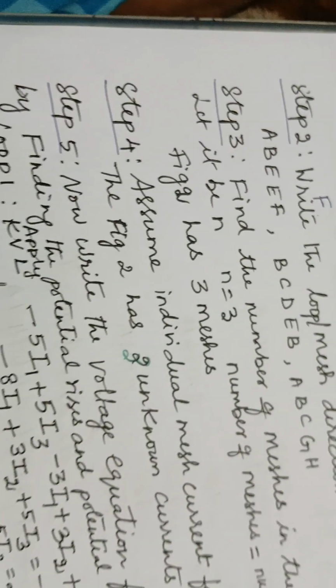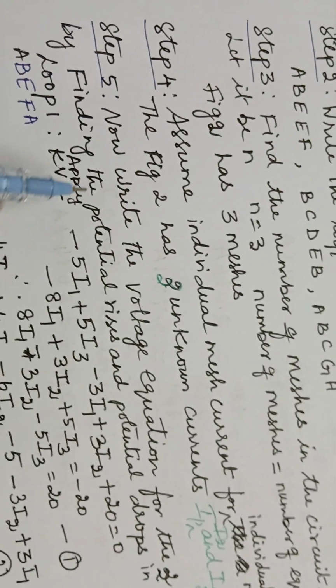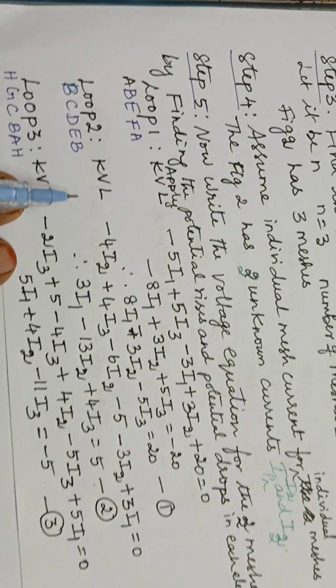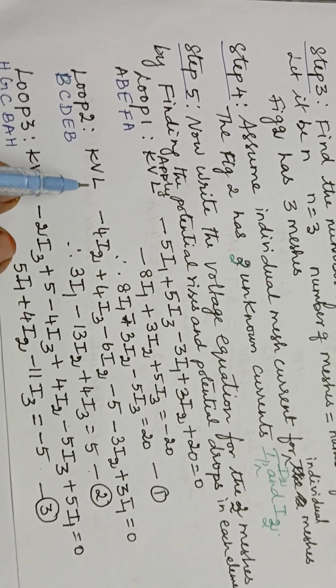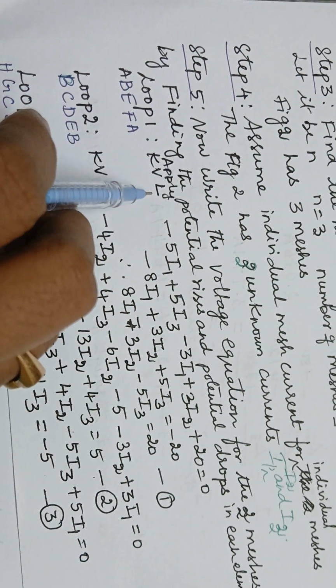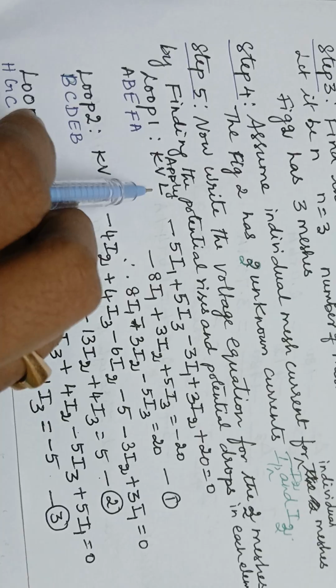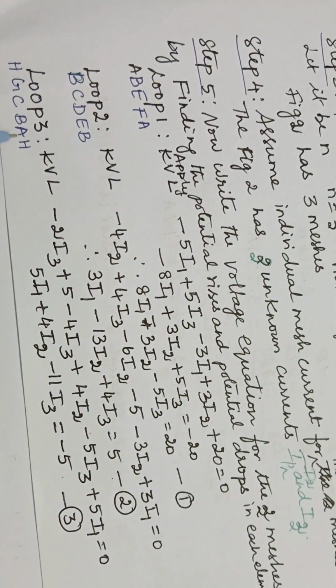This is the fourth step. And the fifth step is to write the equations by applying Kirchhoff's voltage law to loop 1, loop 2 and loop 3.